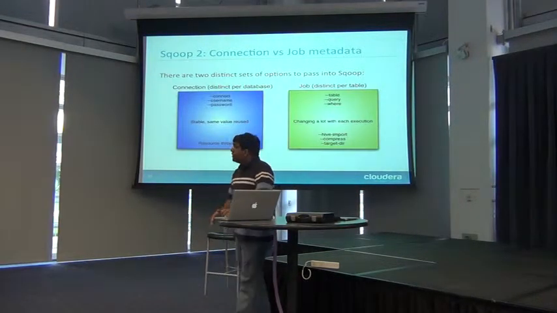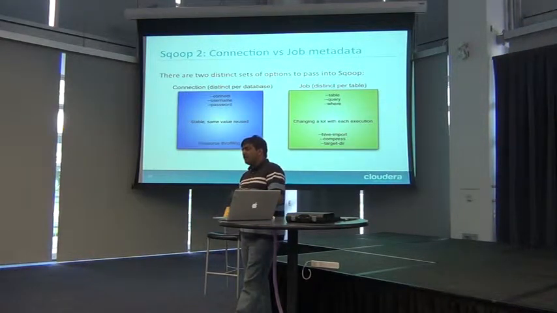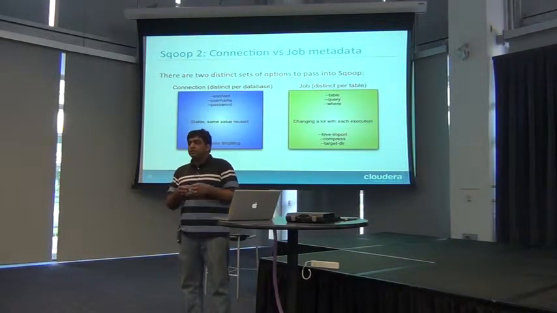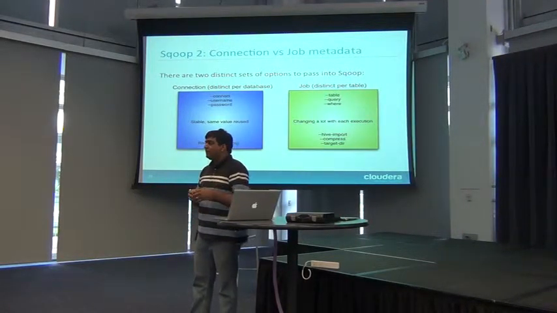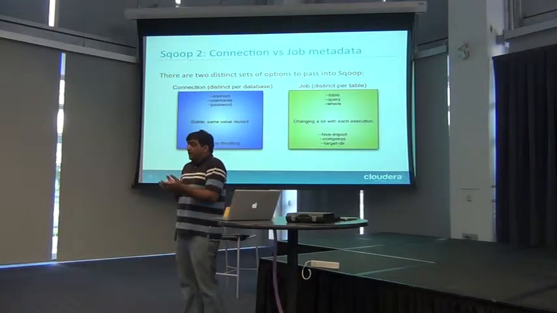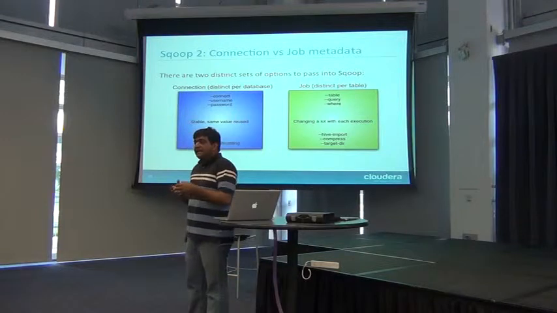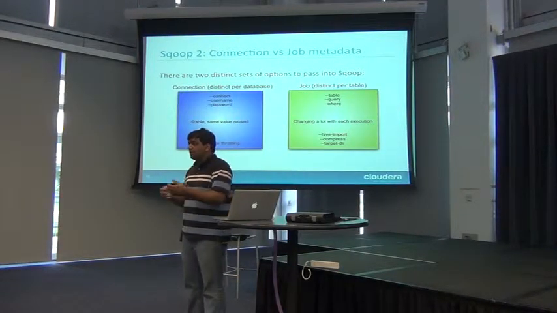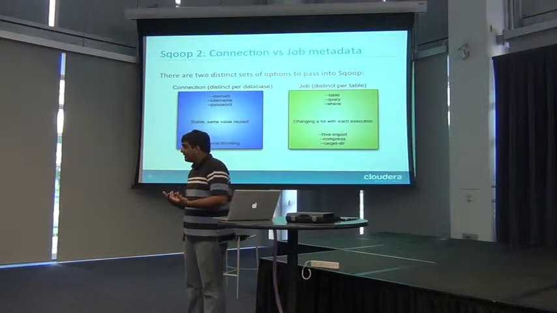In Sqoop 2, instead of having everything on the command line, we separated it into two parts, connections and jobs. A connector defines the way connections are made. The connector would say, okay, for a connection to a database, I need a certain set of data, like the username, password, the URL to connect to, and stuff like that.